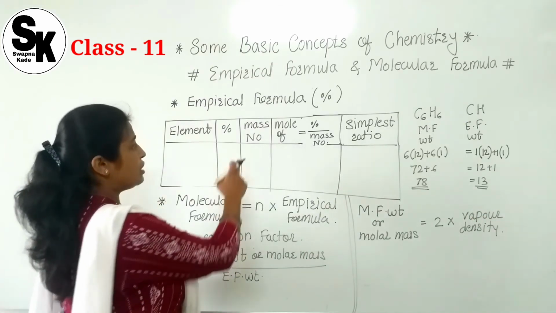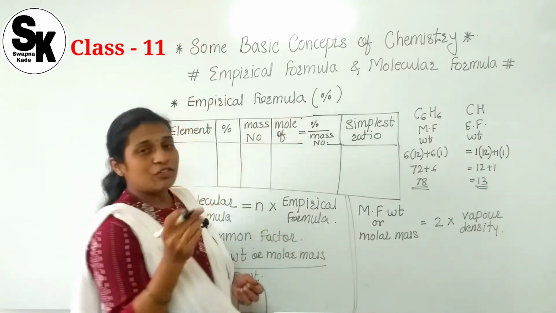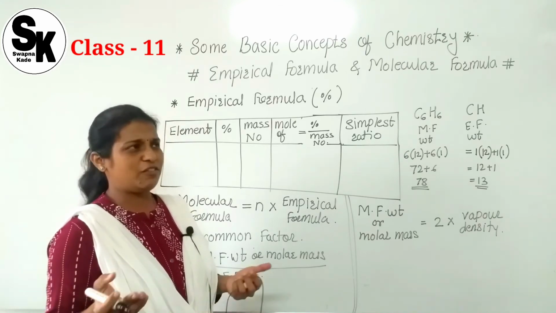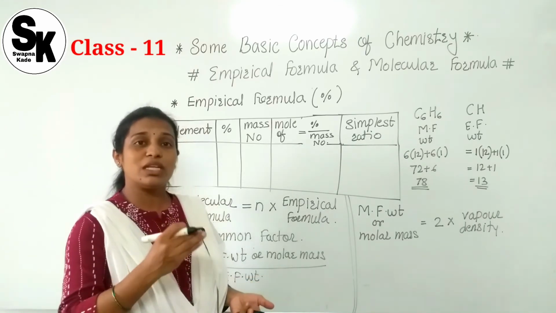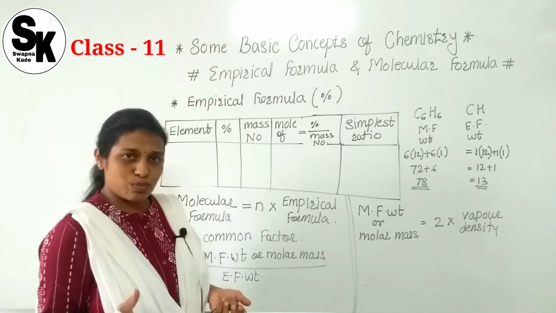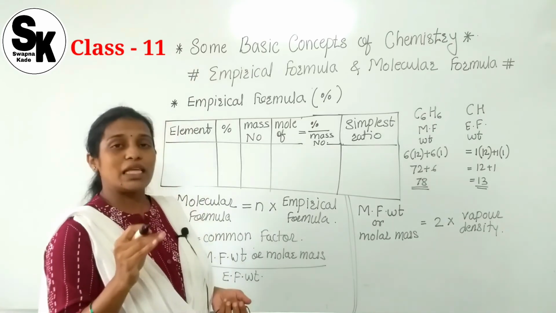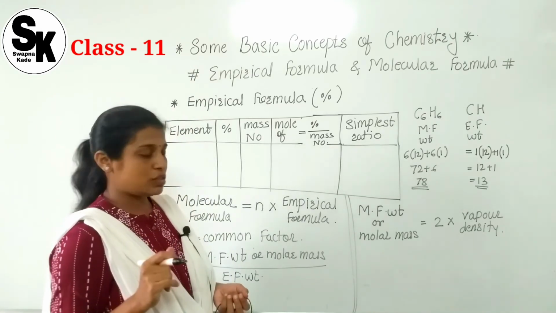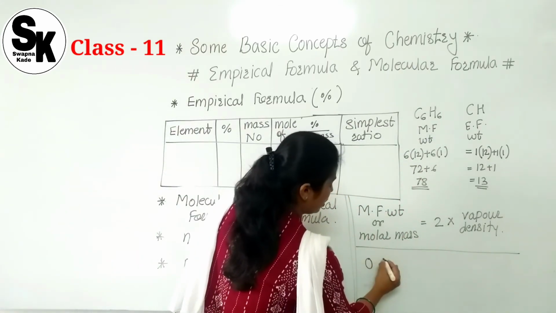और एक चीज, when we are using this table, percentage is given, but if the addition of the given percentage is not 100%, if it comes like 80% or 82%, then what about the remaining percentage? Because it is percentage, it should be 100%. If it is not, then the remaining percentage we have to calculate as oxygen percentage. How to calculate? See, there is also another formula.